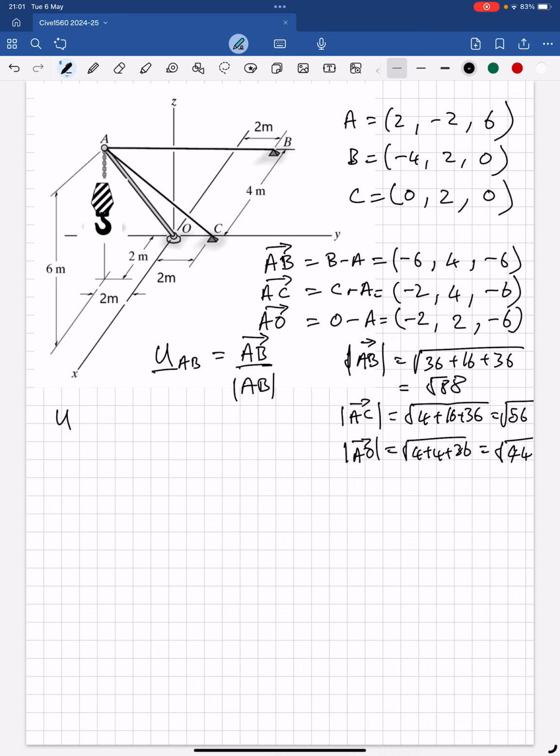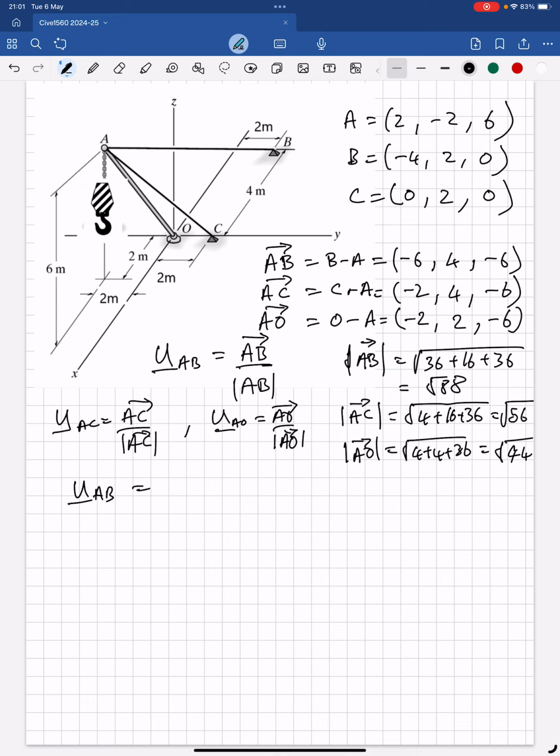U AC is AC over the magnitude of AC, and UAO equals AO over the magnitude of AO. Okay, we can write these down explicitly now, completely.